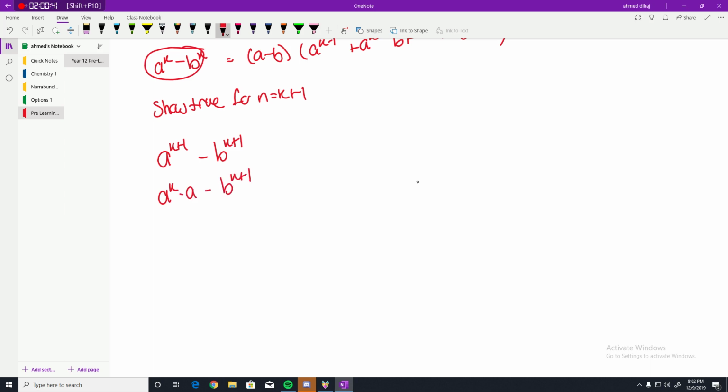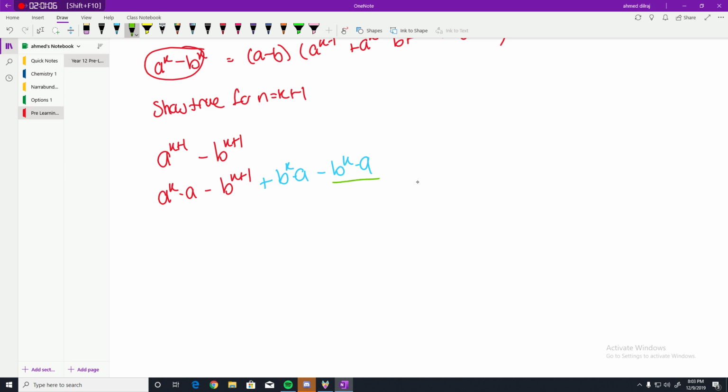But I need to get a to the k minus b to the k there, right? So what I'm going to do is add b to the k times a, and I'm going to subtract the b to the k times a, okay? So this is actually 0 because it's the same thing.